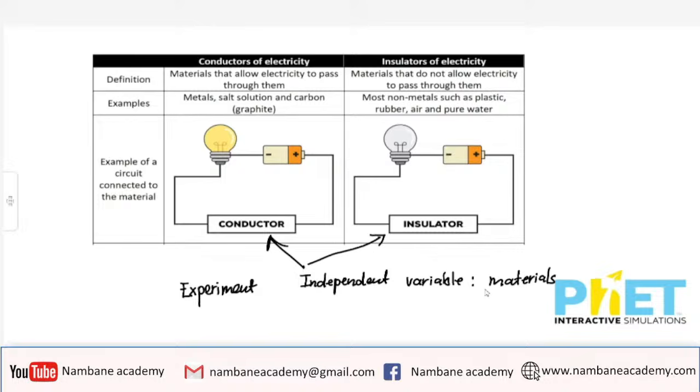And then the dependent variable was what we were testing, whether this light was glowing or not. If we put an ammeter there, it would have been the reading on the ammeter. But we did not put the ammeter there, so it was its electrical conduction.